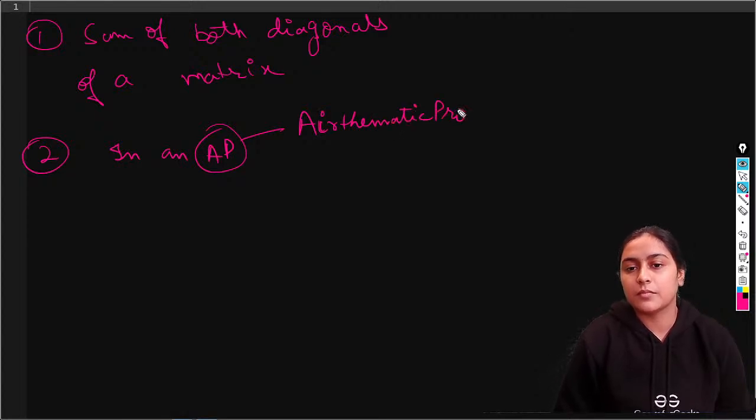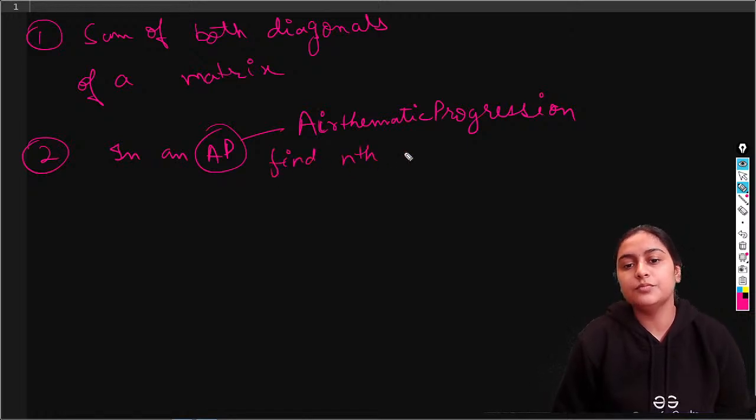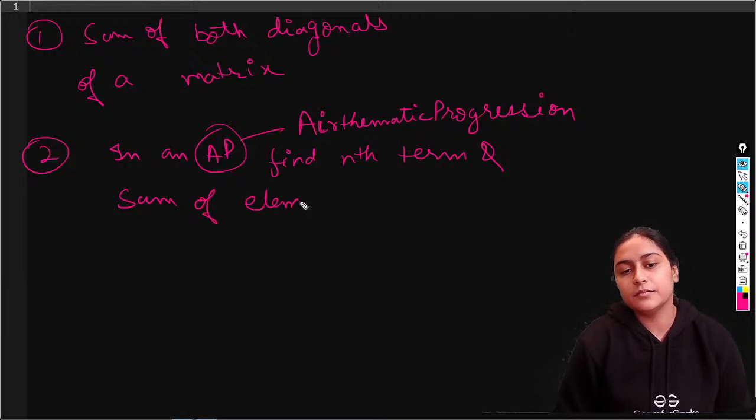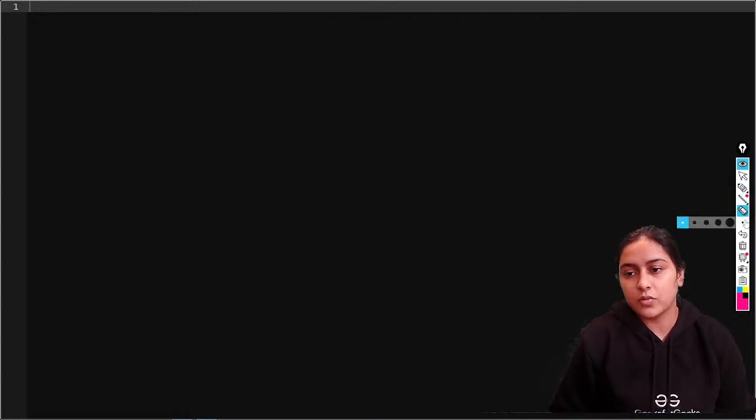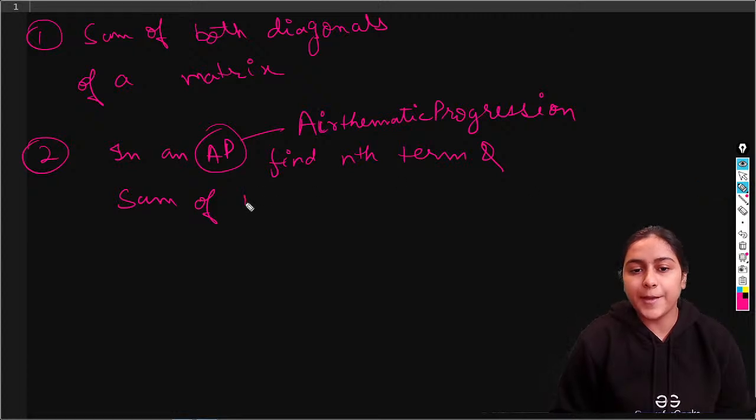In an AP, what you have to do is find the nth term and the sum of elements. Let's not go till... let's do one thing: sum of m elements.